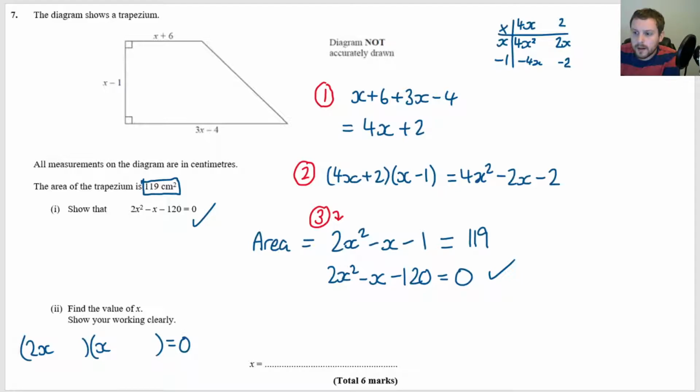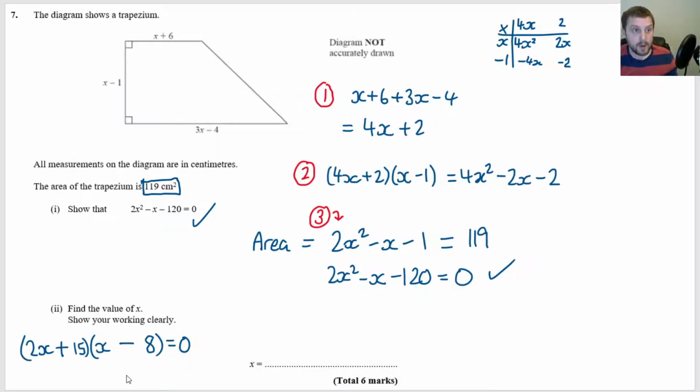I'm pretty sure if I do 2 times 8, I'll get 16. And if I do 15 times just this one, I'll get 15. So let me explain my working out here. I'm going to have 2x and 8. 2x times 8 will be 16x, and 15 times x will be 15x. And I'm going to be able to take away the 15x from the 16x to be left with minus x.